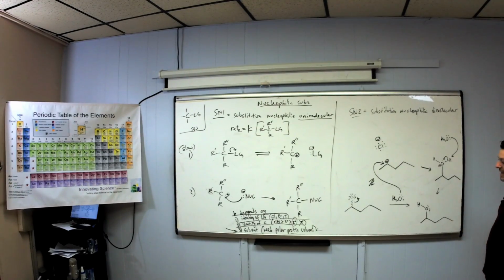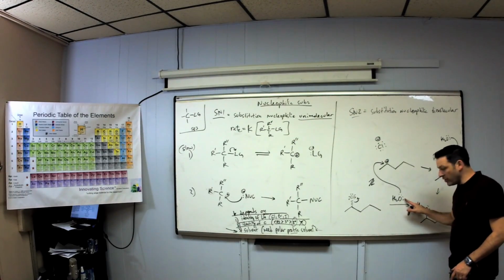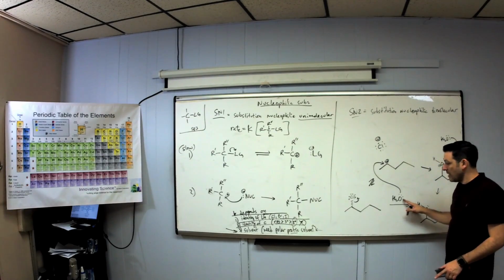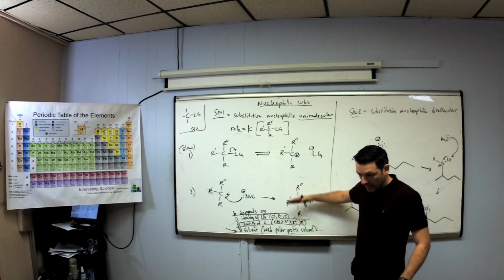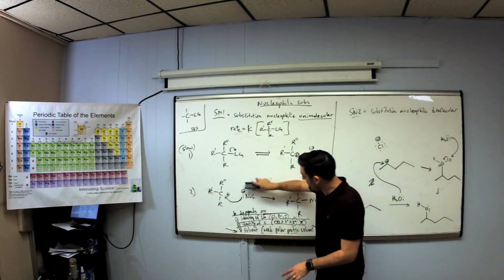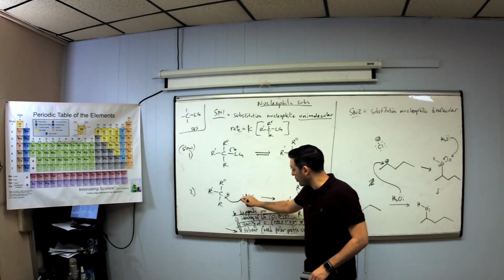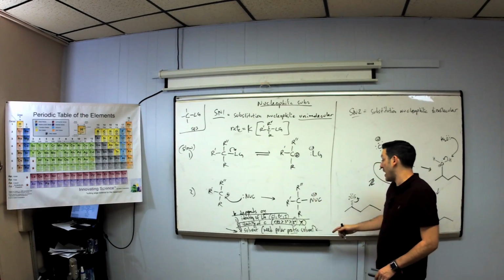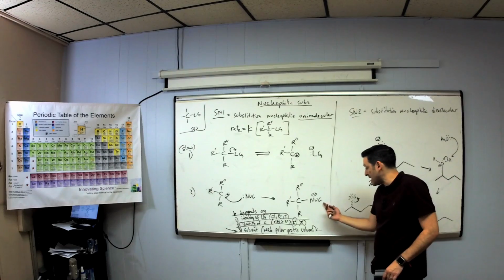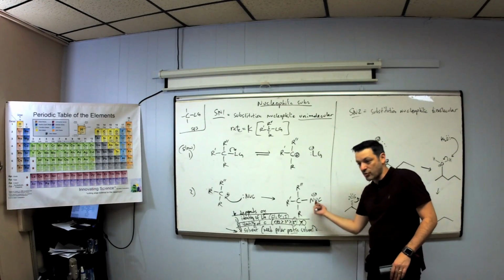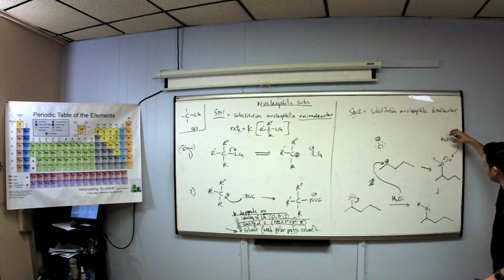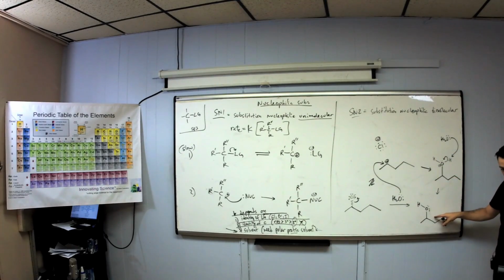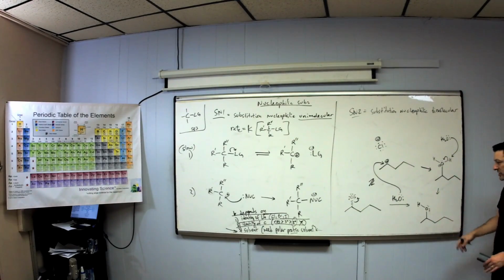That'll always be a last step if the nuke is neutral. You see what I mean? It's still these two steps, but if the nuke happened to be neutral, then the result would not look like this. It would be a positive charge, and that means you'd need another molecule to take a hydrogen off that nuke and give electrons back to the nuke to keep it neutral. There's just that third step.